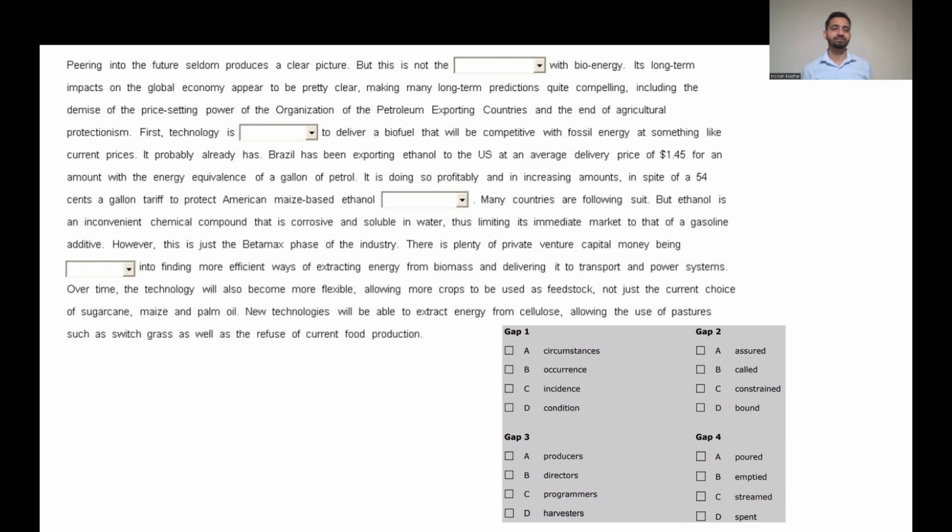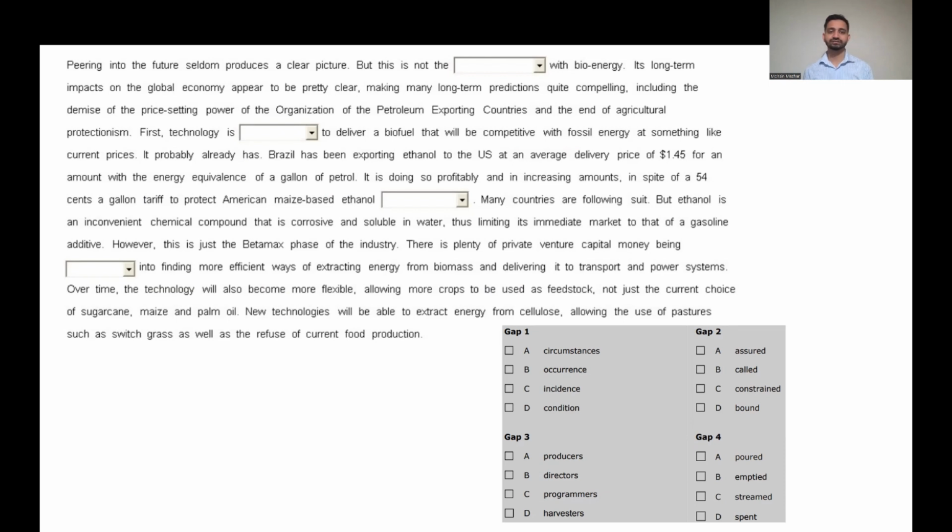The long-term impact on the global economy appears to be pretty clear, making many long-term predictions quite compelling, including the demise of the price-setting power of the Organization of Petroleum Exporting Countries and the end of agriculture protectionism.